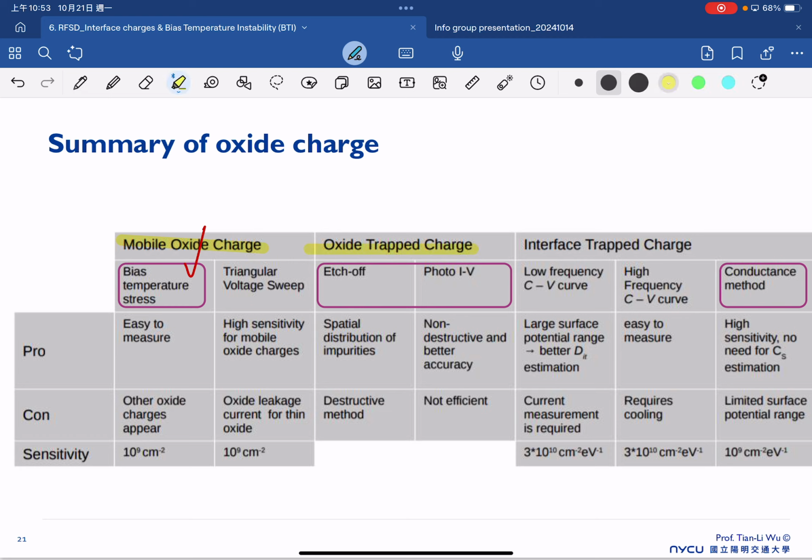We won't go into too much detail, because in this class I will focus on the issues related to the interface charge. But anyhow, all these trapping charges will lead to the general issue of bias temperature instability.